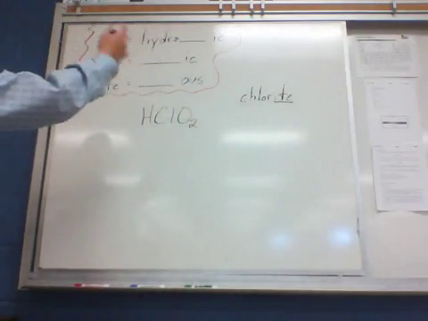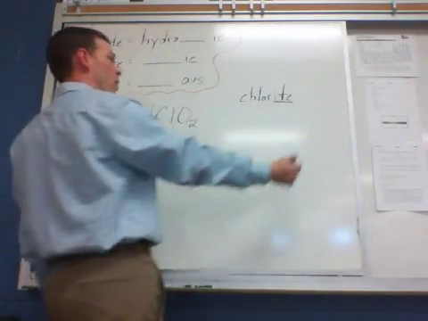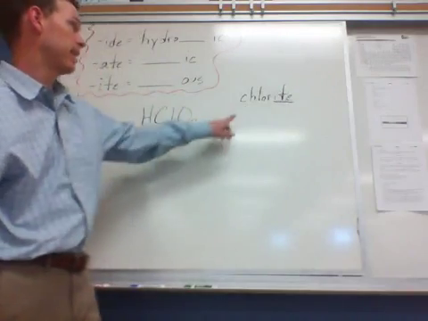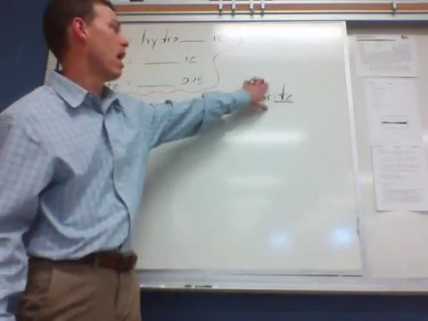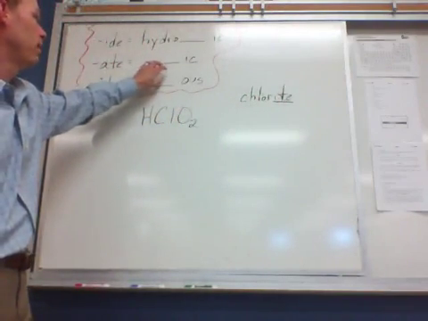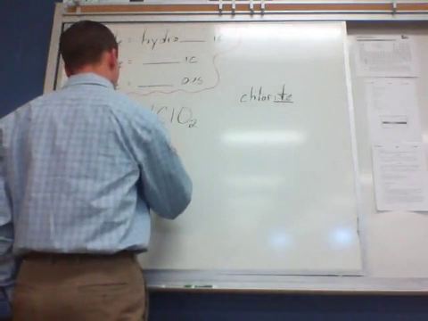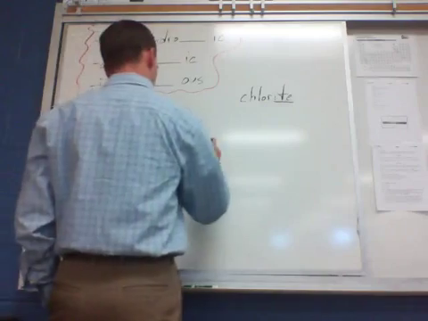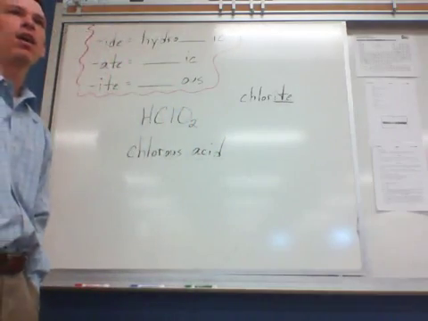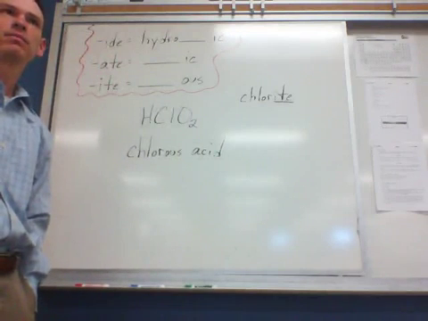Find it. Do you see ite? Now remember, we don't want the ite anymore. We want the rest of it. In this case, it's chlor again. I'm going to take the chlor and put it into the ite blank. What will it become? Chlorous. HClO2 is chlorous acid.